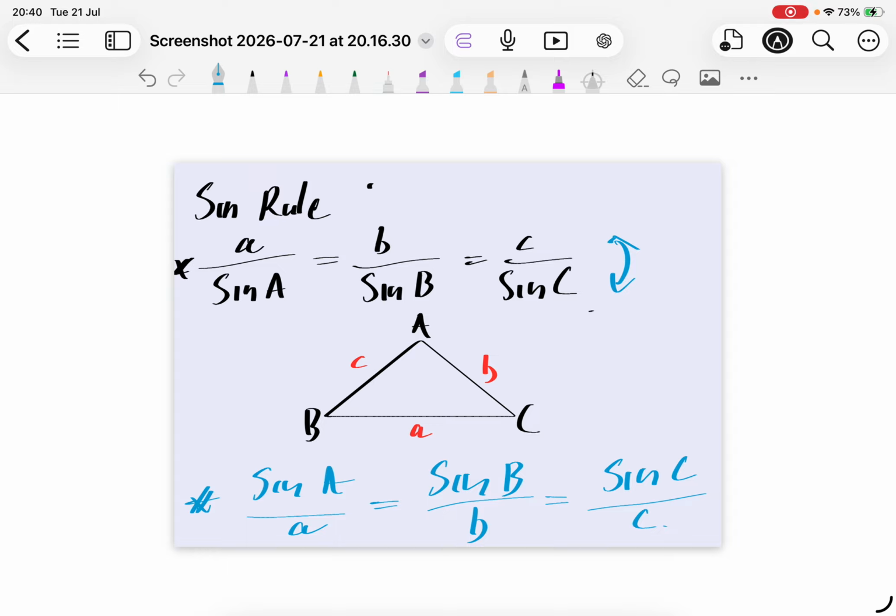You can flip it around as long as if you have angles on top, you have sides at the bottom, and if you have angles at the bottom, you have sides on top. So that's the rule.